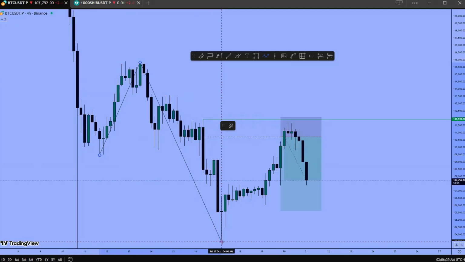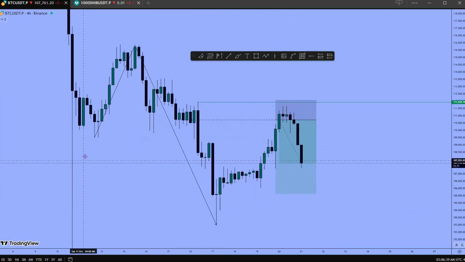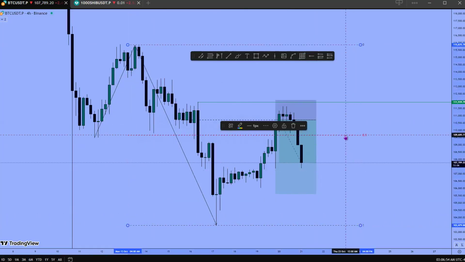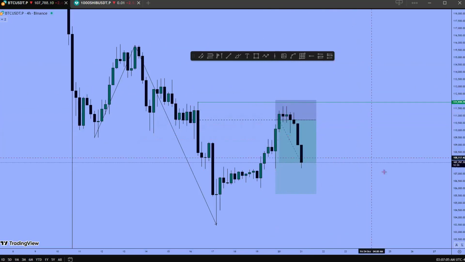Let me just use it like this. So I already know price is coming from this point, then goes to this point, then retraces to the downside. Then from this swing point to this swing point, I'll mark out the range like this. And if you can see, we're selling from above the 50% level, which is the premium zone. So the sell is still valid.